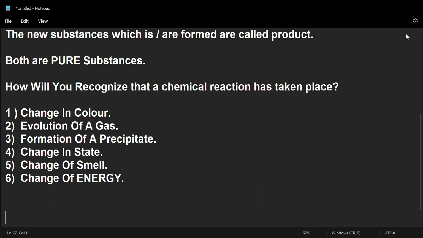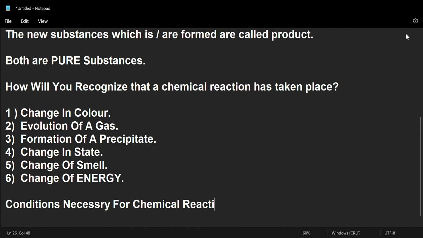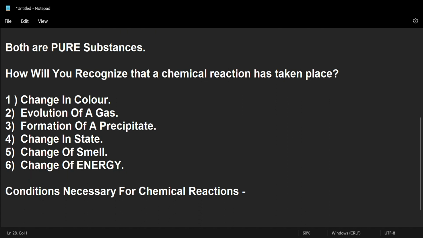Now, conditions necessary for chemical reactions. The conditions necessary for chemical reactions are: number 1 is close contact.